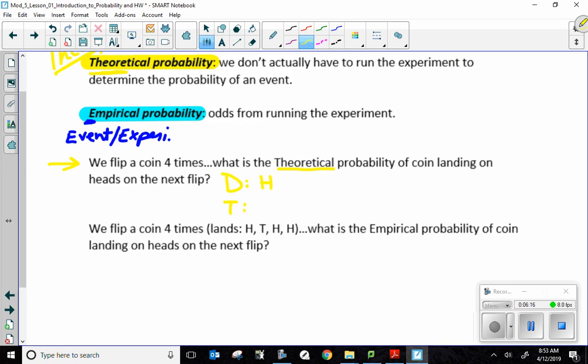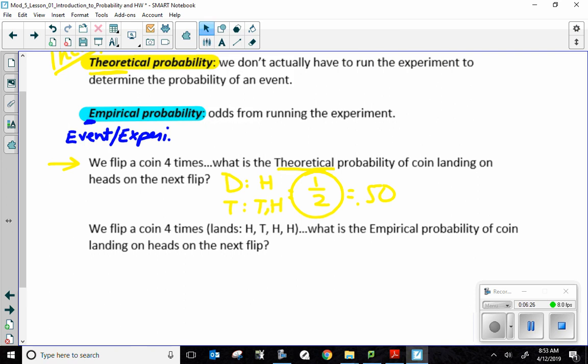Total outcomes, I can have tails or heads. That's still 1 out of 2. We just did that. That is a 0.50 probability. That is in theory. Every time I flip a coin, it has a 50-50 shot of being heads or tails. Theoretical probability. I don't have to flip that coin to know it.